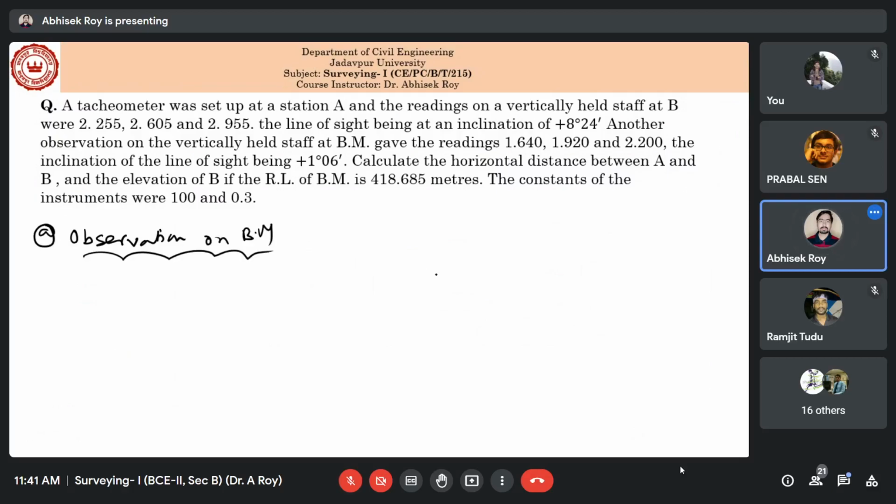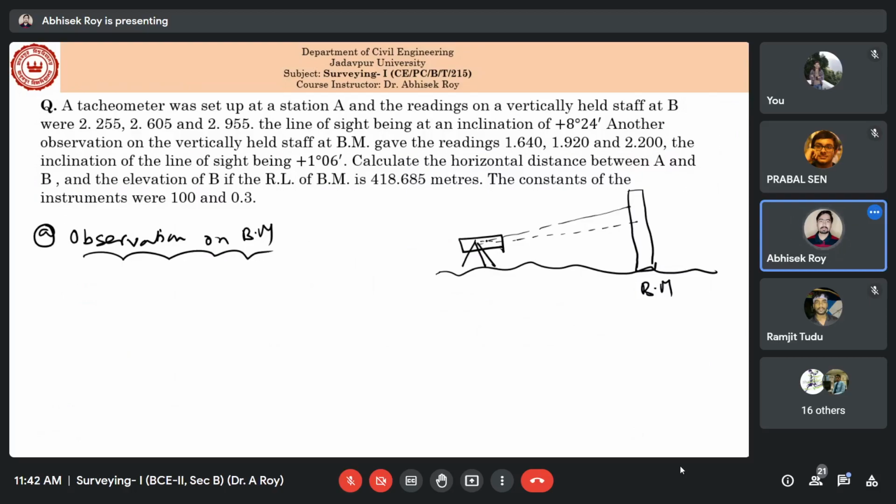Here what we will do, so this is our staff we are holding at the benchmark, and say this is our middle here, this is our upper here, and this is our lower here.